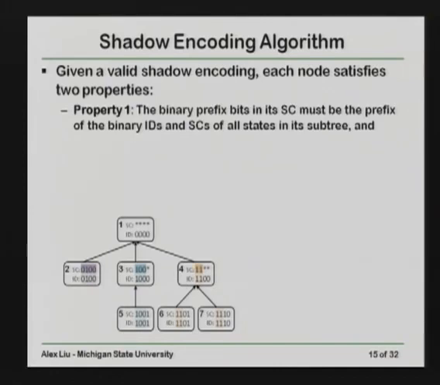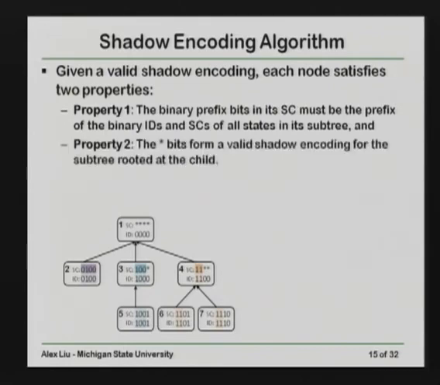For example, take a look at state 4. You can see the shadow code is 1 1 star star. So the prefix space is 1 1, and this 1 1 will also be the prefix of all the shadow codes and binary IDs of all the states in its subtree.